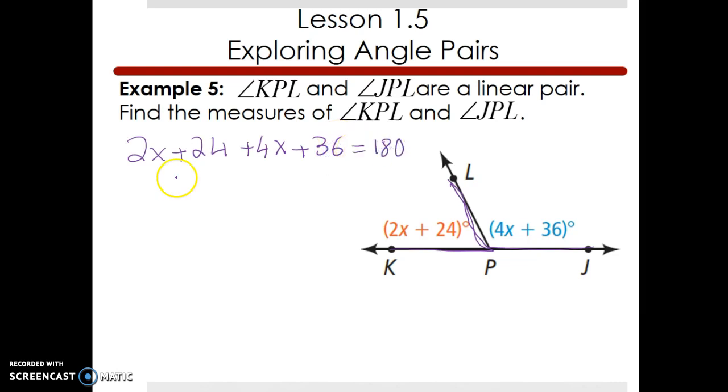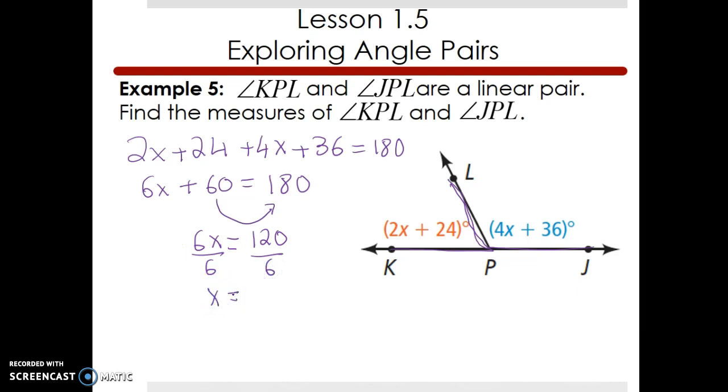When I do the math, I get 6x, combining like terms, plus 60 equals 180. So I'm going to subtract my 60, so I get 6x equals 120, and divide by 6 on both sides, x equals 20. So again, x equals 20, I need to plug it in to find both the angles.